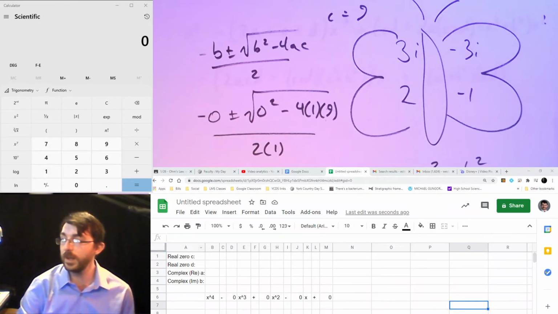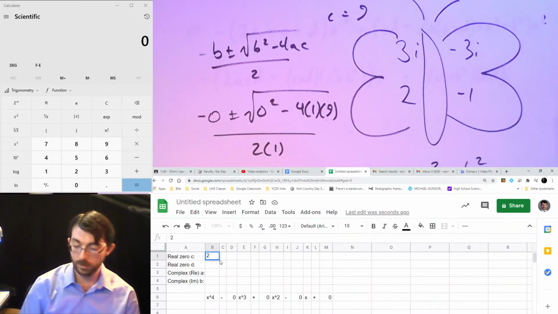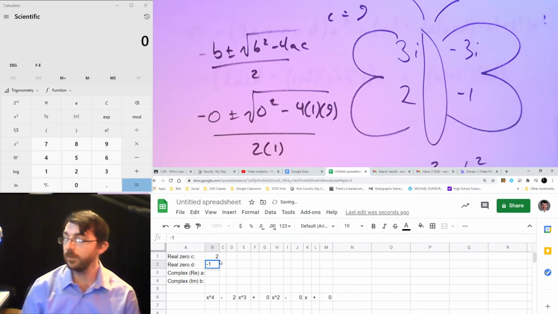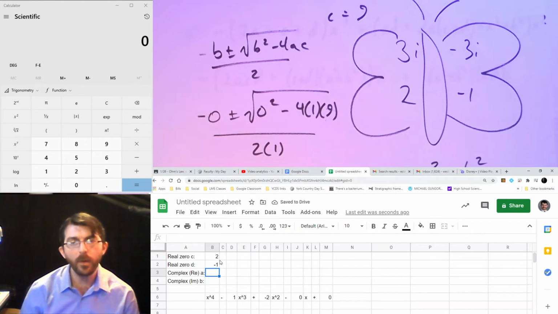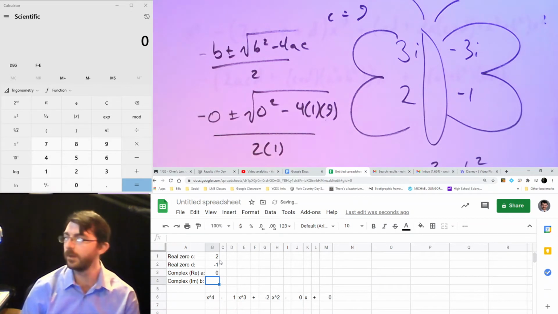So if I put in 2 and negative 1, and for the real part of the complex number that was 0, because the imaginary part is 3.